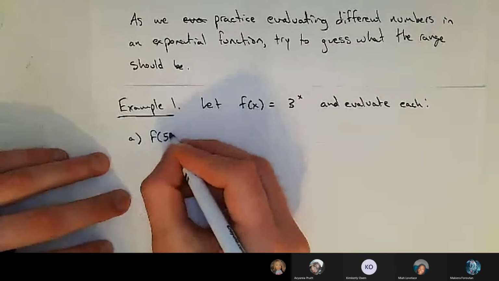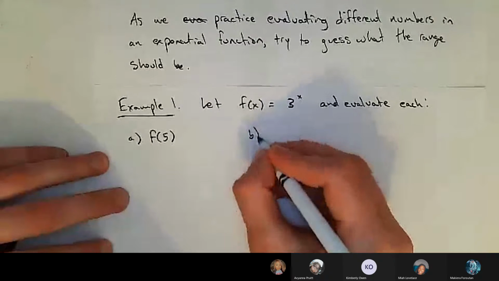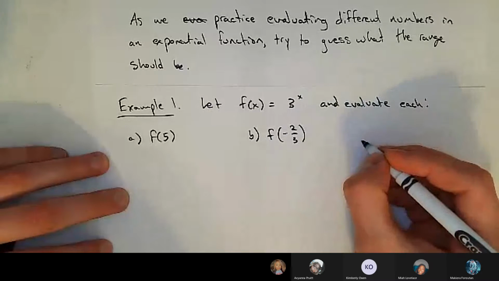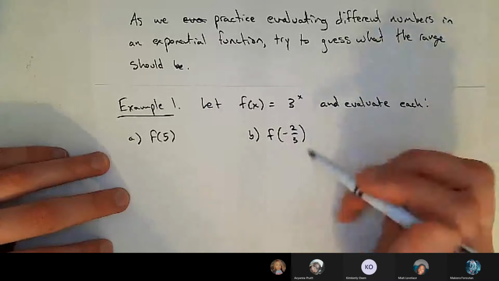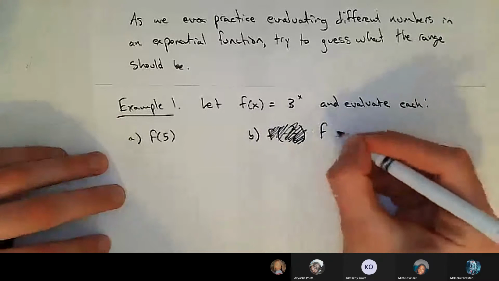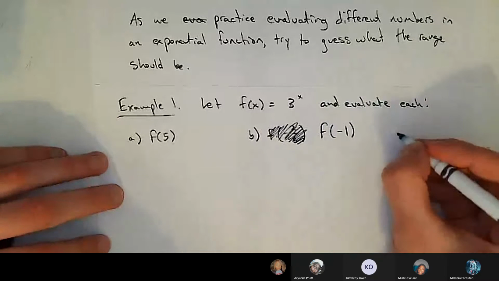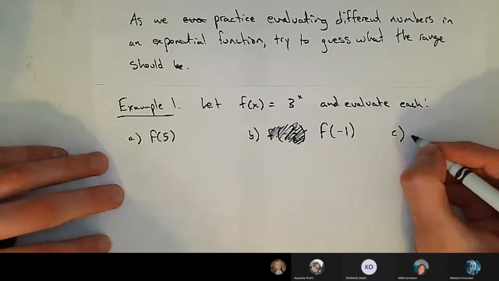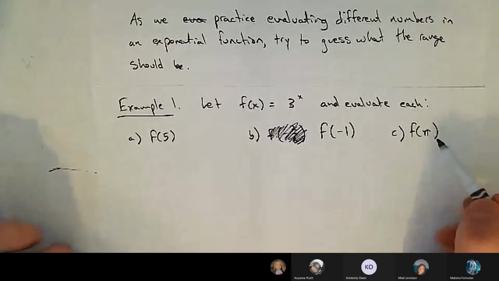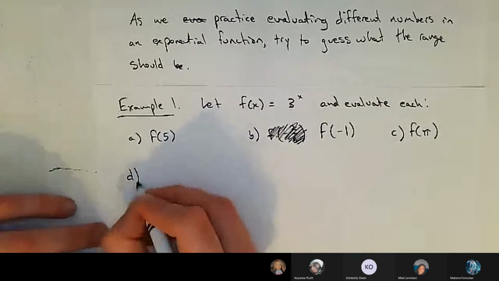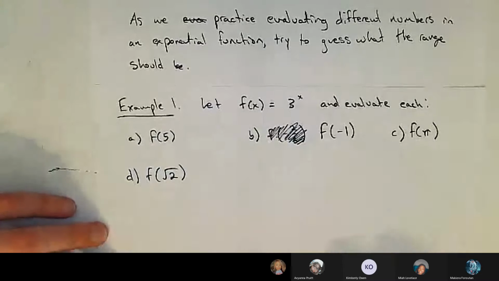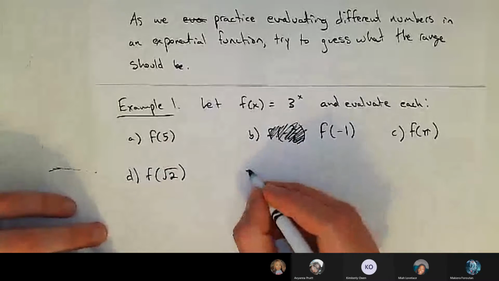Let's just start with f of 5, and then let's do b is f of -2/3. And you know what? I don't want to go that hard right away. That's the book's example for b, but I want to slow down just a little bit. Let's do f of -1, and then we'll do f of pi, which is an irrational number. So that's interesting. But there's nothing to say that we can't plug that in. F of square root of 2 is another irrational number.